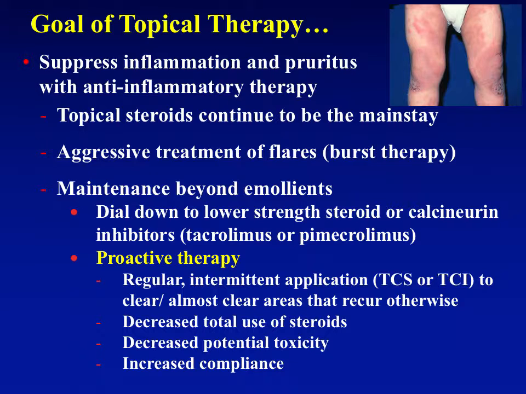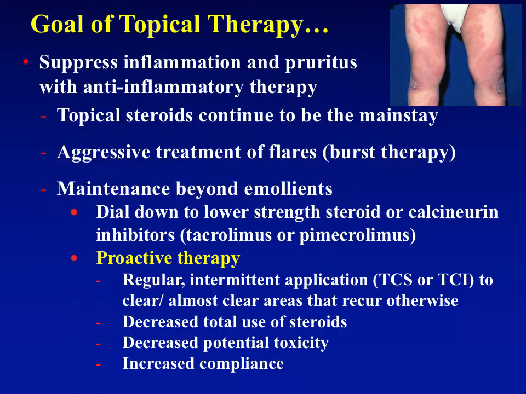Of course, we're trying to suppress the inflammation and the pruritus with anti-inflammatory therapy. Topical steroids continue to be the mainstay and will, for no other reason other than their cost. But how we use them sometimes can be very individualistic based on the patient, based on how we tend to do things. I'll tell you, in my clinic, no one gets the same course. You've got to really individualize.